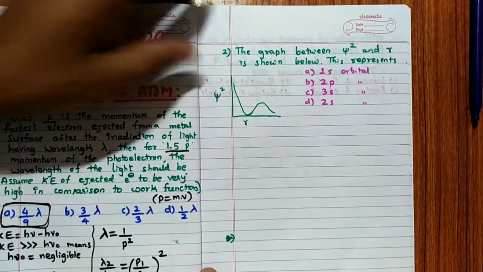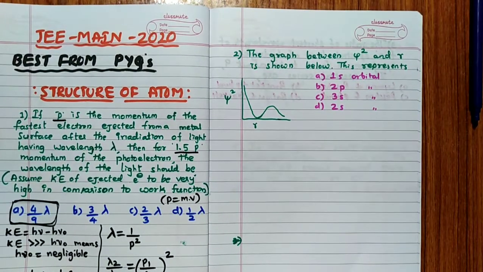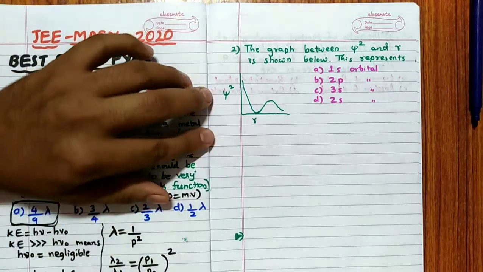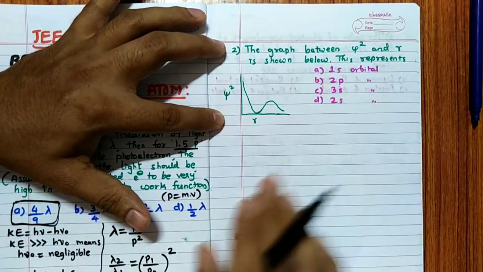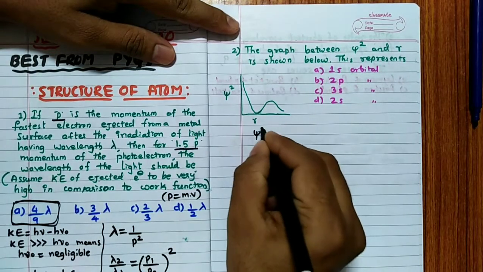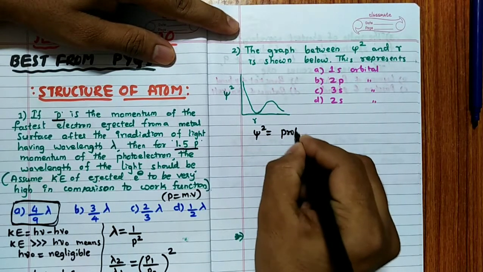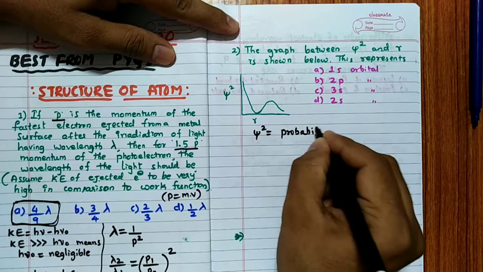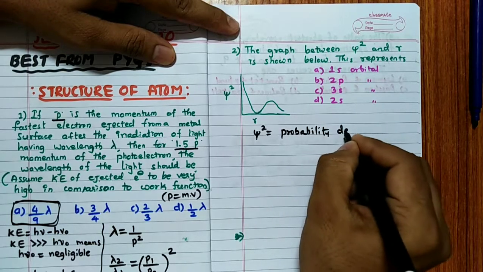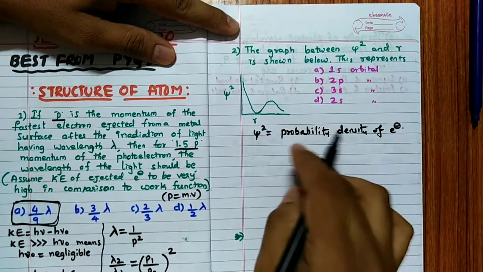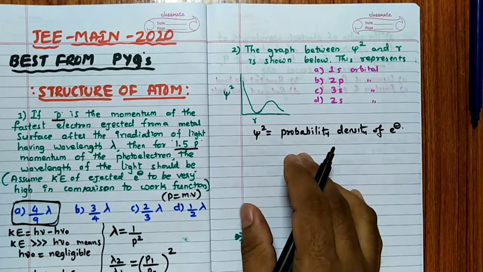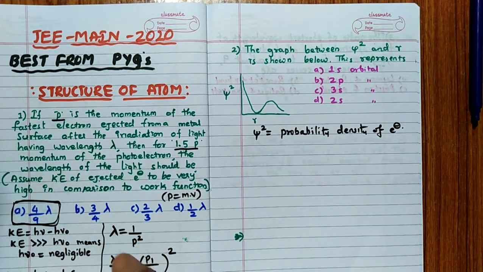Then the second question. The graph between psi square against r is shown below. This represents, see, this is the graph given, with 1s, 2p, 3s, 2s as options. First you have to remember what psi square is. Psi square is nothing but probability density of the electron, which indicates the probability of finding the electron.